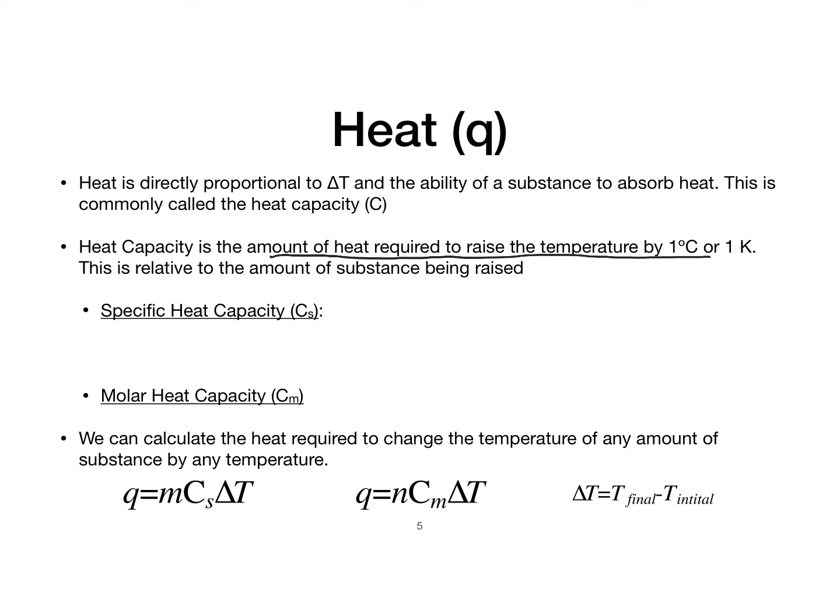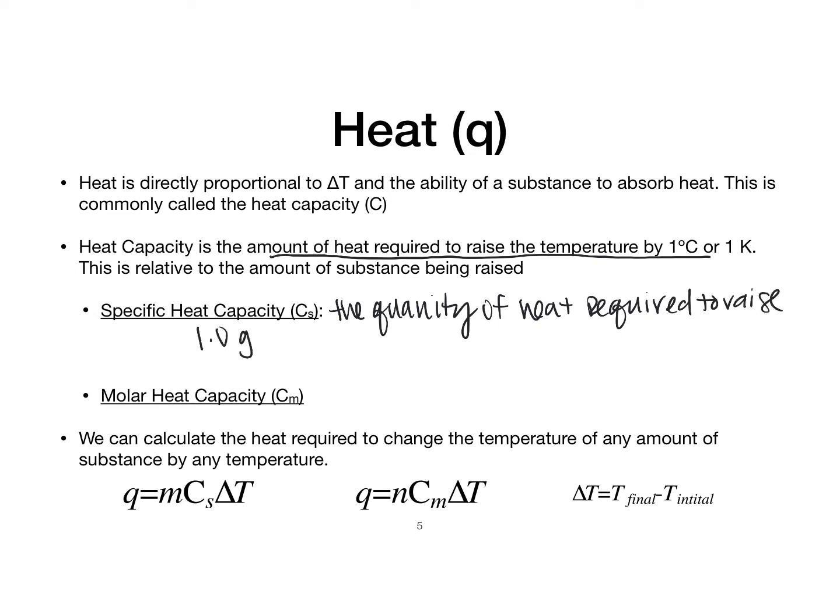So the specific heat capacity, C sub S, is the quantity of heat required to raise 1.0 gram by 1 degree Celsius. The units of this are joules per gram Kelvin.